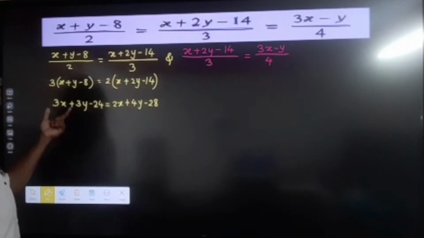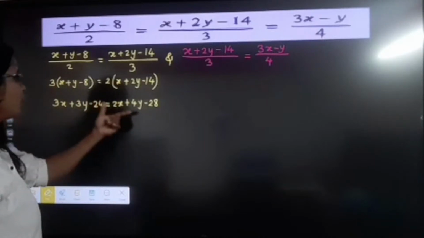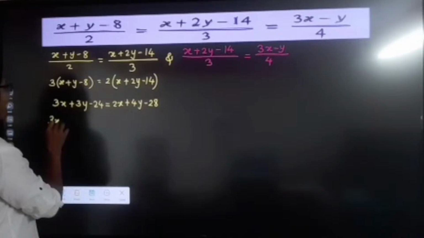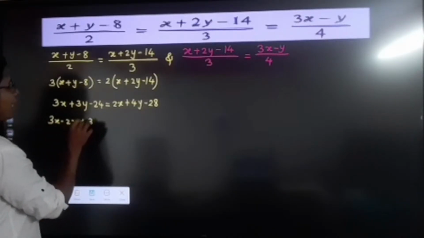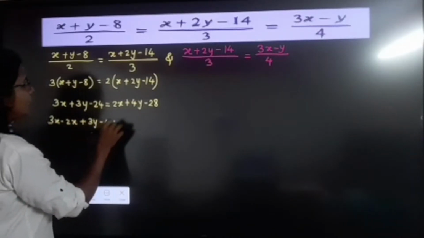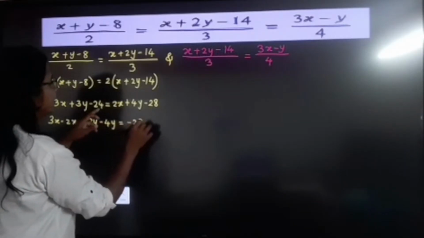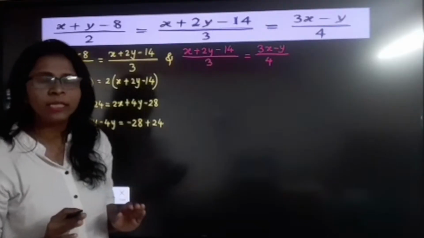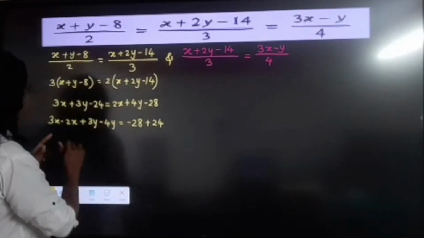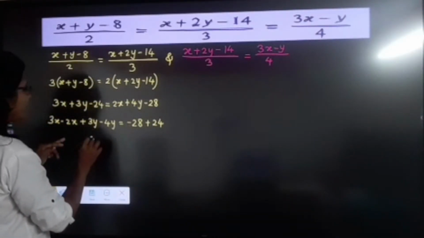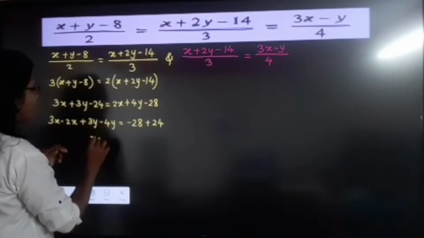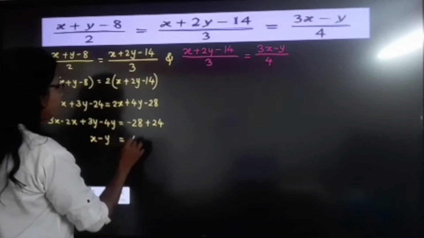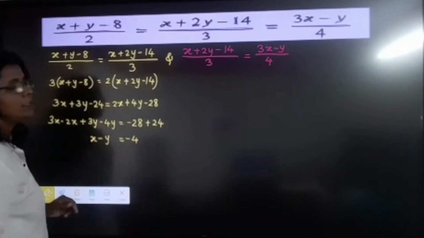Now 3x minus 2x plus 3y minus 4y is equal to minus 28 plus 24, arranging the terms properly. 3x minus 2x is x, 3y minus 4y is minus y, and minus 28 plus 24 is minus 4.